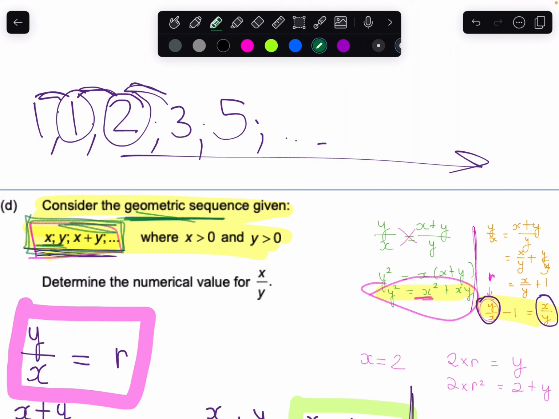This didn't really do it for us, so this wasn't a very useful way to look at it. But thinking of it this way, where we split up the fraction so that we had x over y plus y over y, or x over y plus 1. So now we had an equation that was connecting y over x and x over y.